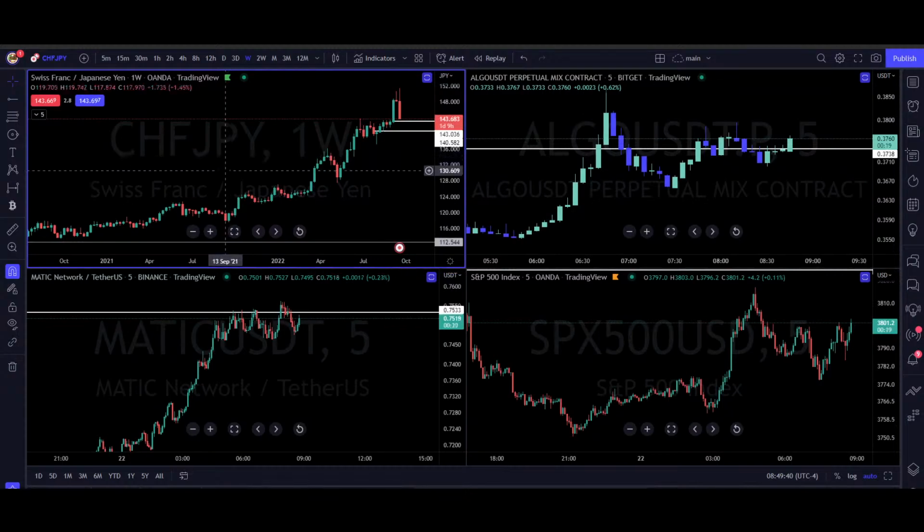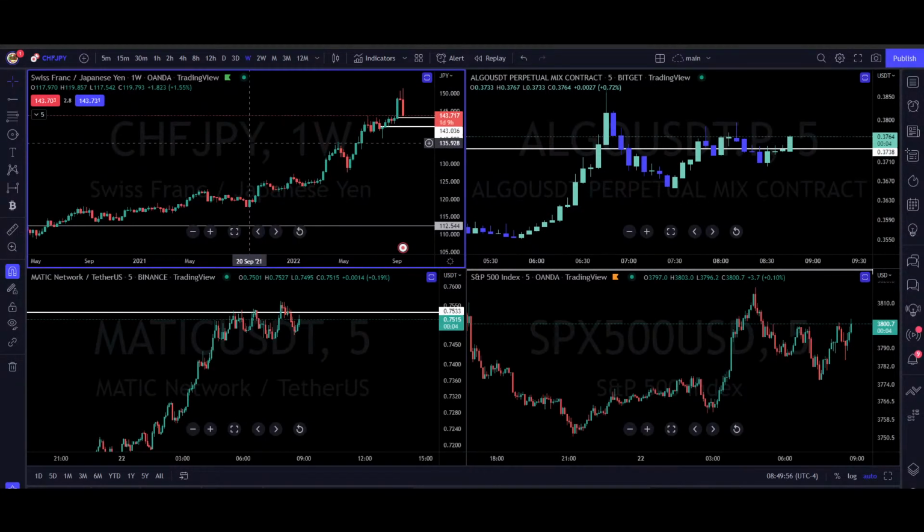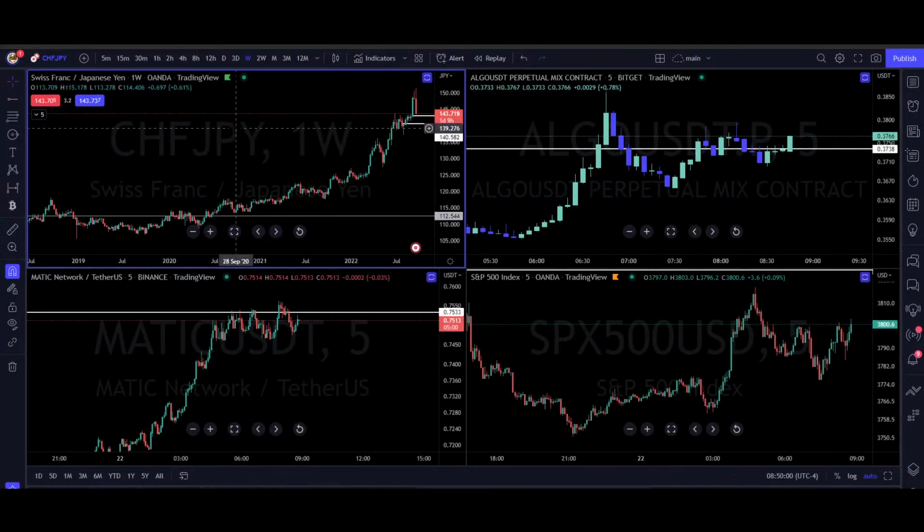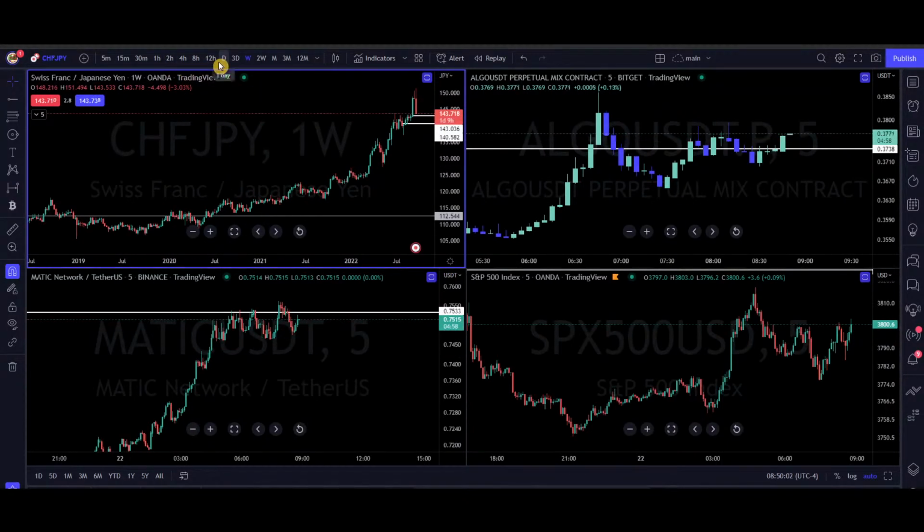You can see that move really started to take place around when the bear market started for Bitcoin and S&P 500 in November. There's something else I wanted to say about that real quick. There's a lot of stuff going around on Twitter about Bitcoin's bear market starting in April.